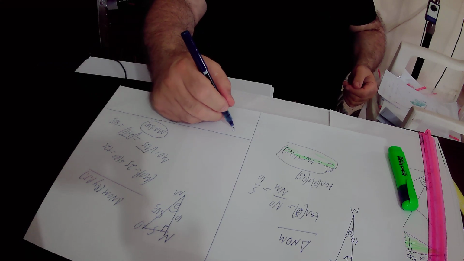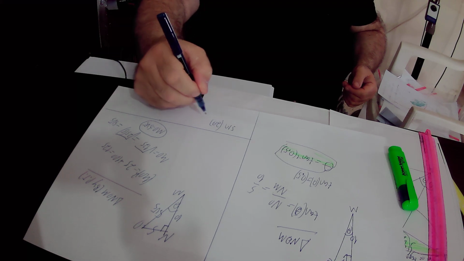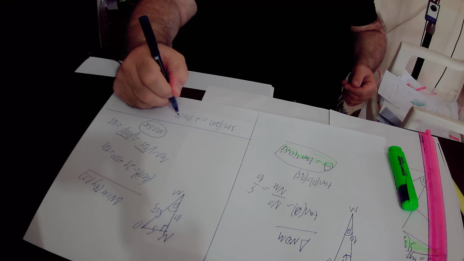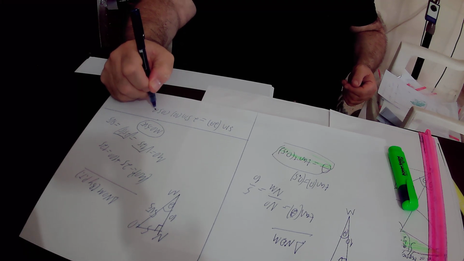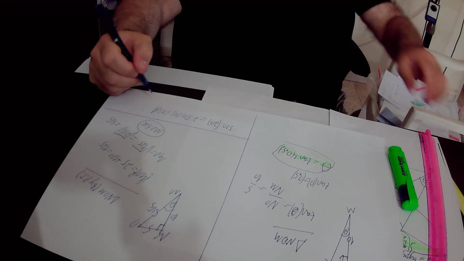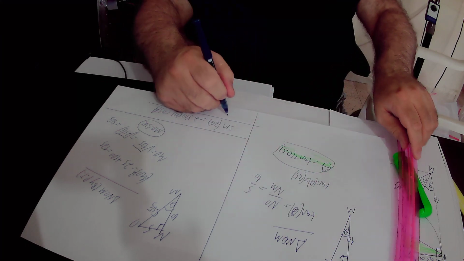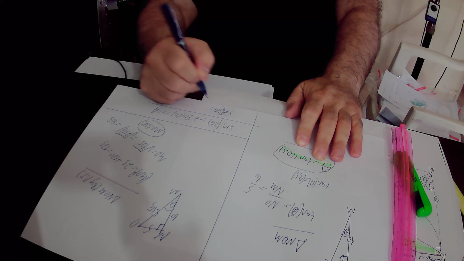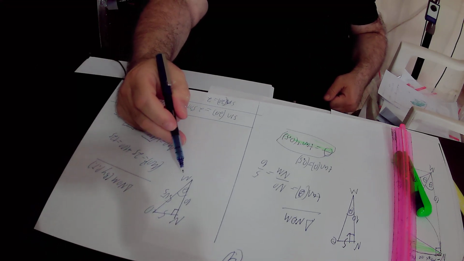Sine 2 theta equals 2 times sine theta times cosine theta.